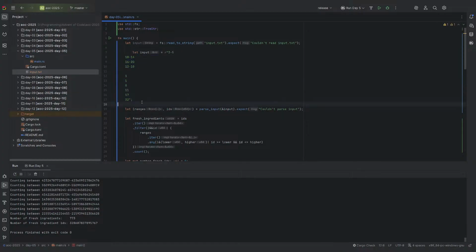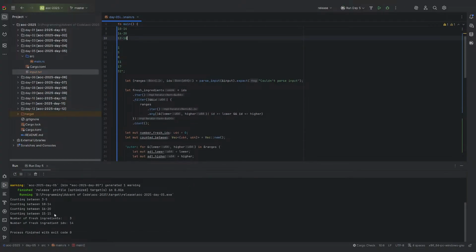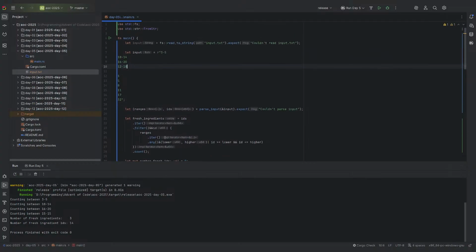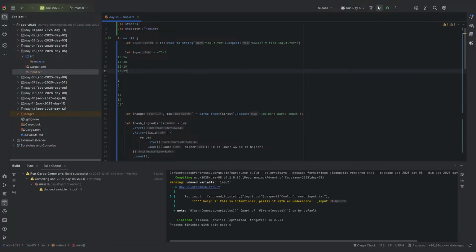Okay, let's give this another try. This part is correct. Let's say I add another one that goes up to 16.